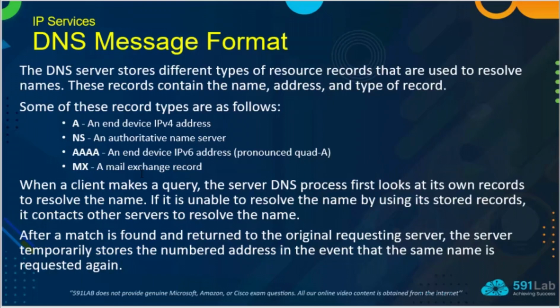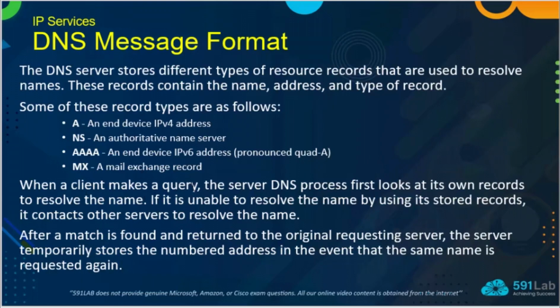When a client makes a query, it is trying to resolve a name, because we cannot be memorizing IP addresses, so we are good with names. But our network doesn't use those names, it uses IP addresses. So whenever we put in a fully qualified domain name, the system will first do the name resolution from the DNS before sending your traffic to your destination.